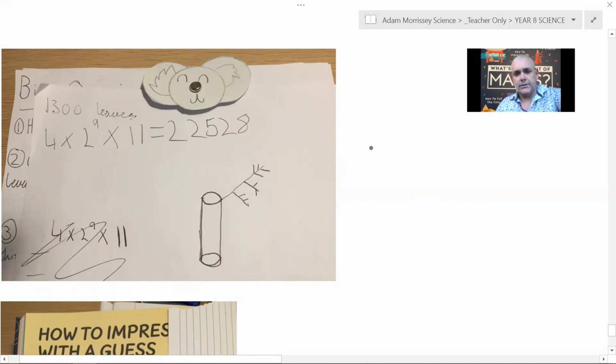And what I ask the students to do is look at one branch and see how many times that it splits. We can model that as 2 to the power of 6, if you like, or whatever you estimate.